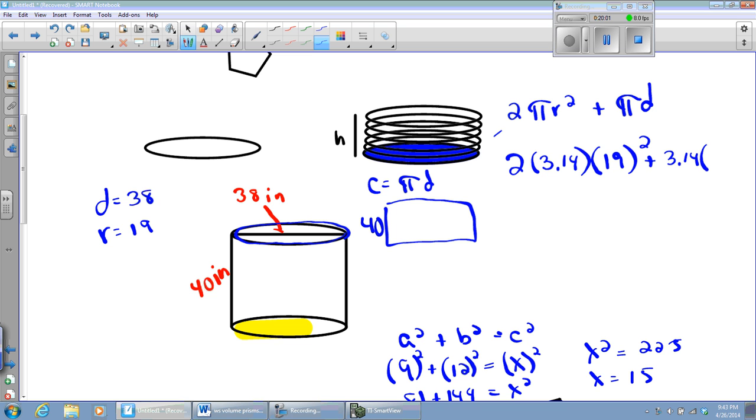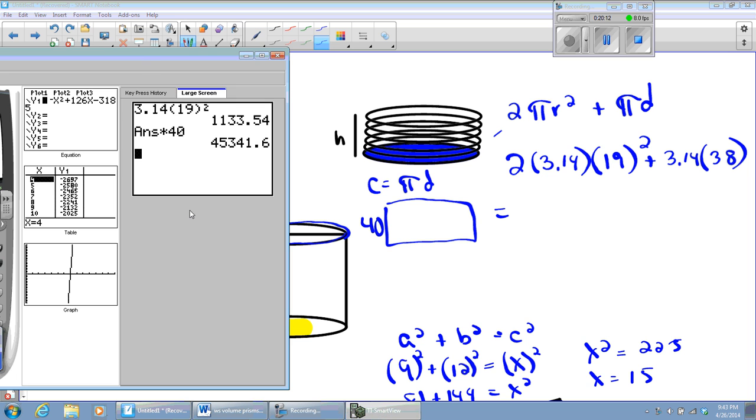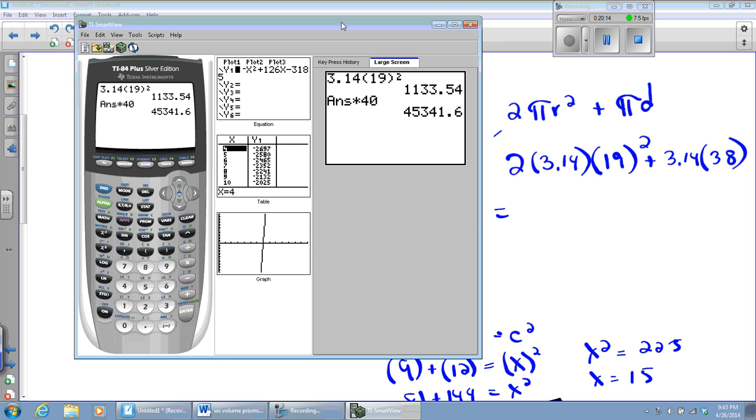plus 3.14 times 38. Okay, well, I can go to my calculator and do this. Hold on one second. Let's get it back up here. And let me clear this off so it's not in our way.